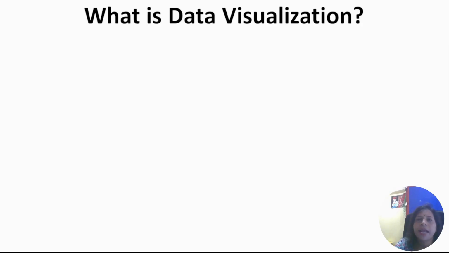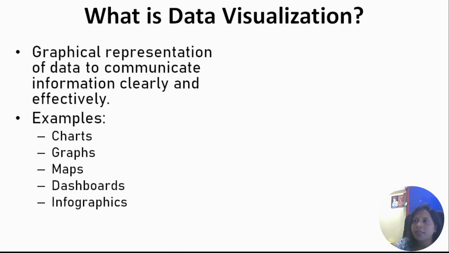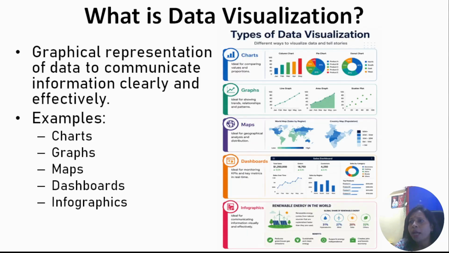Now, let's understand what data visualization is. Data visualization is the graphical representation of data and information. Instead of showing data only as numbers or text, we use visual elements such as charts, graphs, maps, dashboards, and infographics.